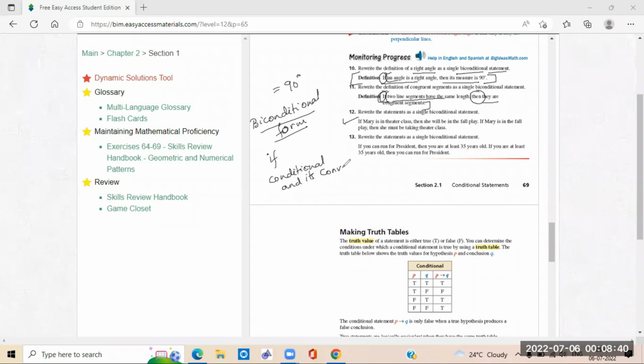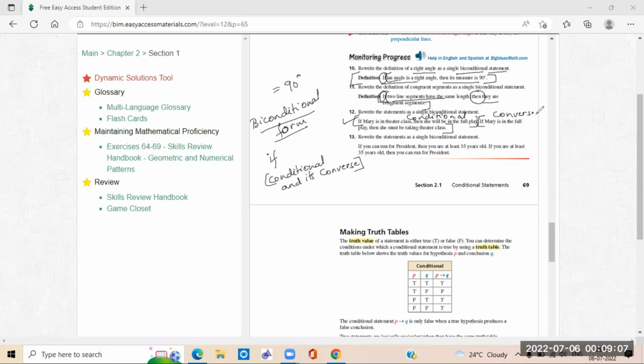So the two statements, the conditional statement and its converse, are taken together as one statement. If Mary is in theater class, then she will be in the fall play. This is one part which can be taken as the conditional part. If Mary is in the fall play, then she must be taking theater class. This is the converse of it.